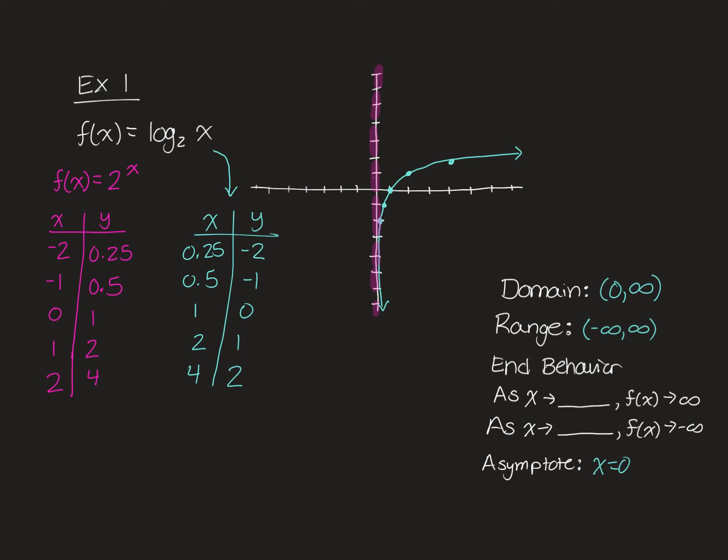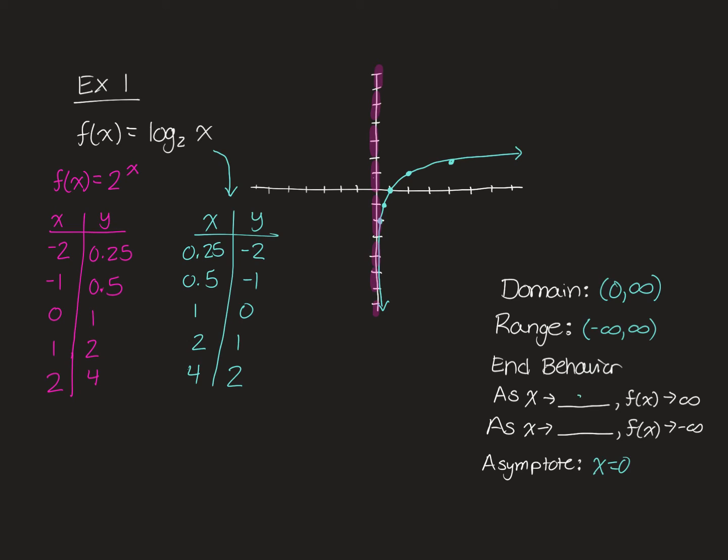Now let's look at end behavior. This one, again, is switched. It's just weird. So as x goes to blank, f of x is going to positive infinity. We kind of have to think about this in the opposite direction. Where is my graph going to positive infinity? If we continue up this way, we are going to positive infinity way over here.